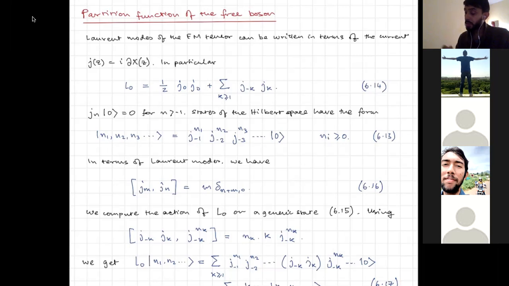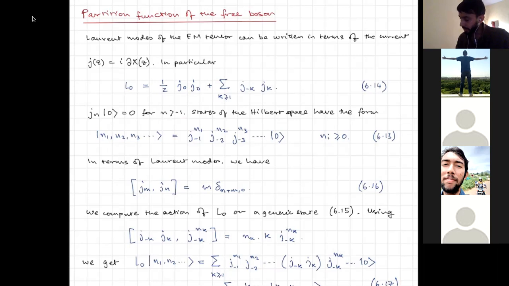J(z) is i del x, where x is the scalar that we have. L naught, as you have seen before, can be decomposed into J naught squared and a sum of J minus k J k terms. When we look at the ground state, J_n acting on the vacuum 0 will be equal to 0 for n greater than -1.